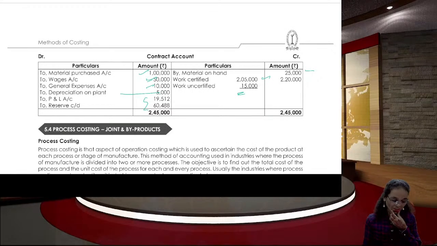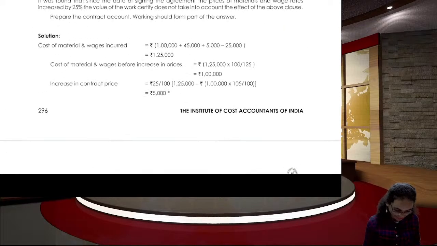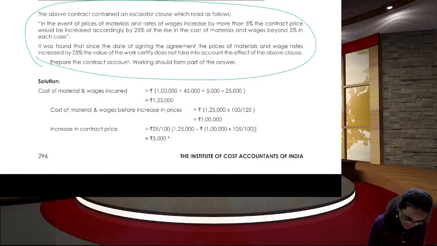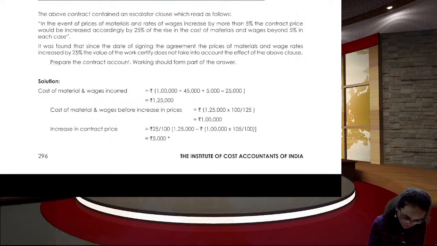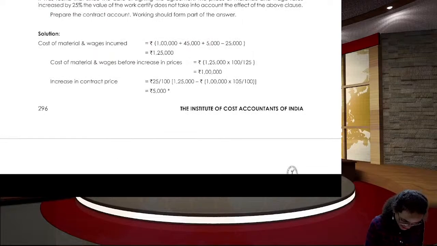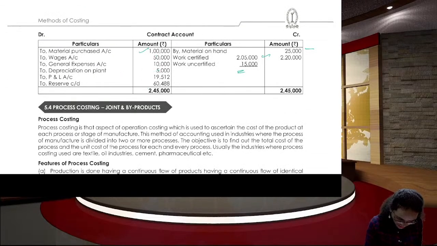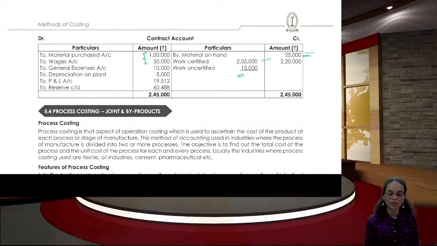But you can ask me, what is there, madam, in this question? Why are you saying it is important? I'll tell you. Because of this clause, this is important. What is this? Cost of the material and wages, how much? 1 lakh plus 50,000. 1 lakh 50,000 is the cost of the material and wages, and there is a closing stock of 25,000.